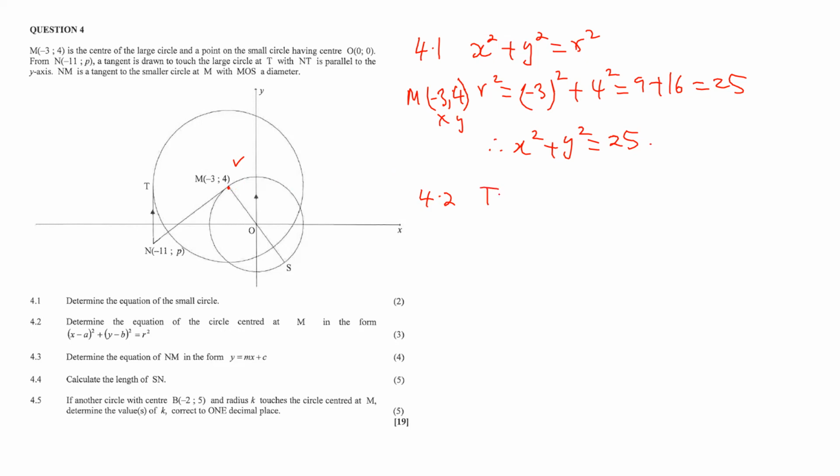One observation is that TM is actually perpendicular to TN. The reason for that is that a tangent to a circle is perpendicular to a radius.